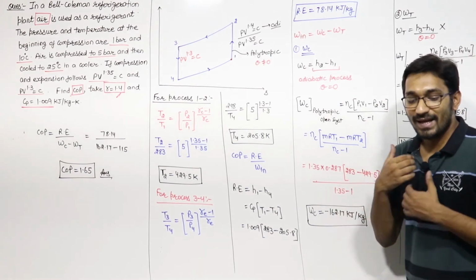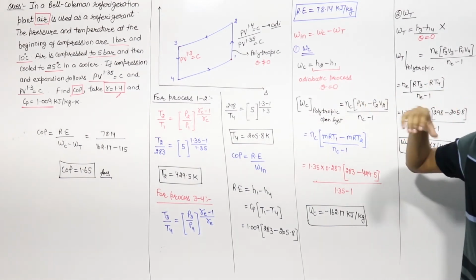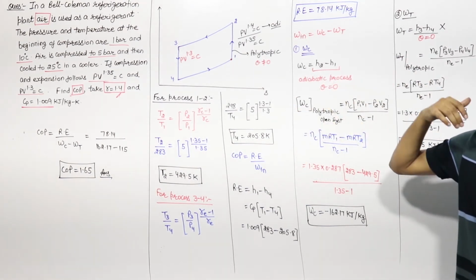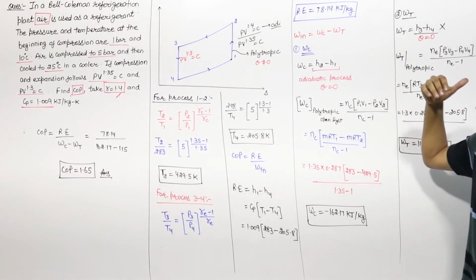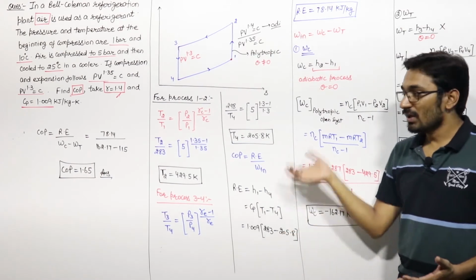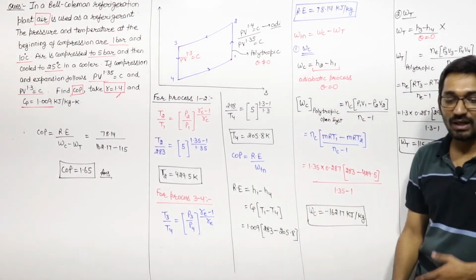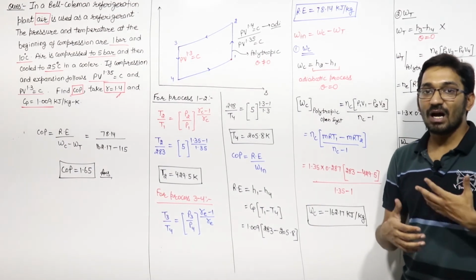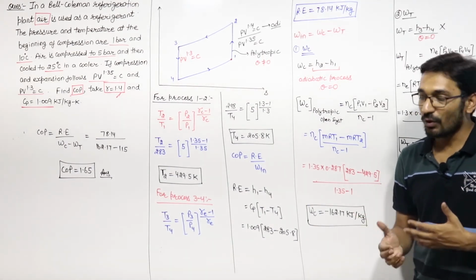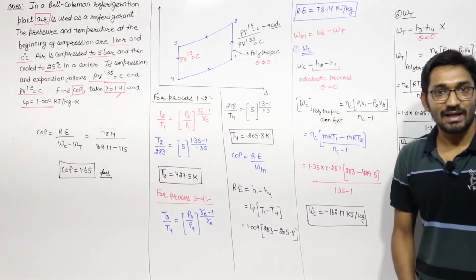Don't go all of a sudden. If this type of question comes, students will think this is a very easy question and just blindly solve it, and they will get a wrong answer. So this is the correct way of solving this type of question where PV raised to power gamma is not with gamma equal to 1.4, then you have to consider it as a polytropic process, right?